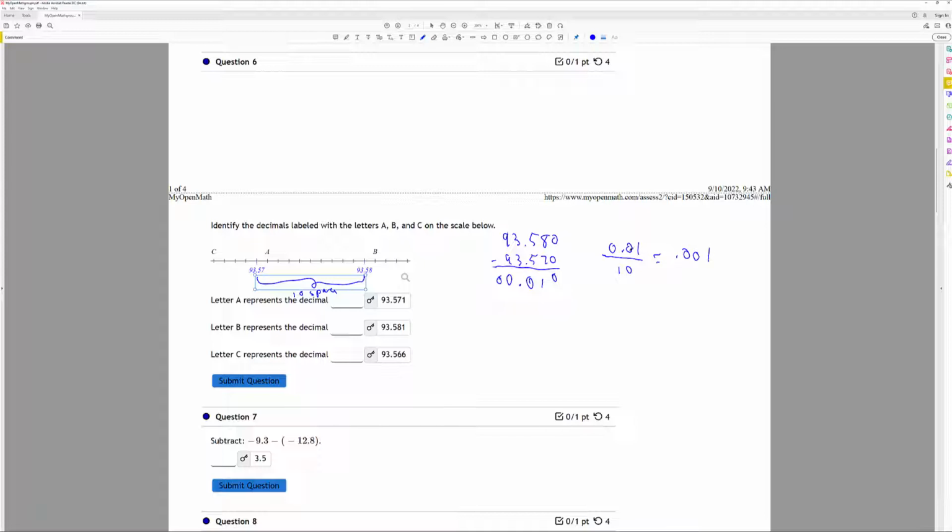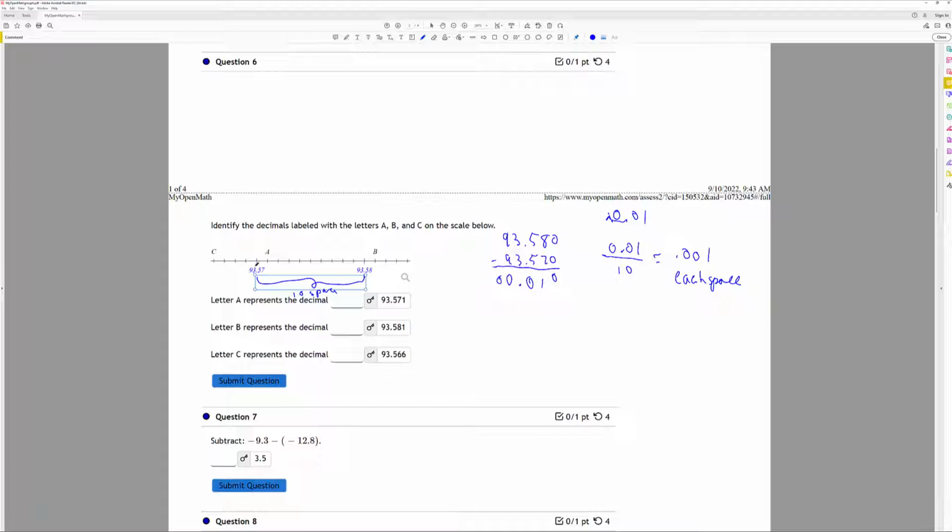It's going to shift the decimal place over one more place. So each space is 0.001. Okay.